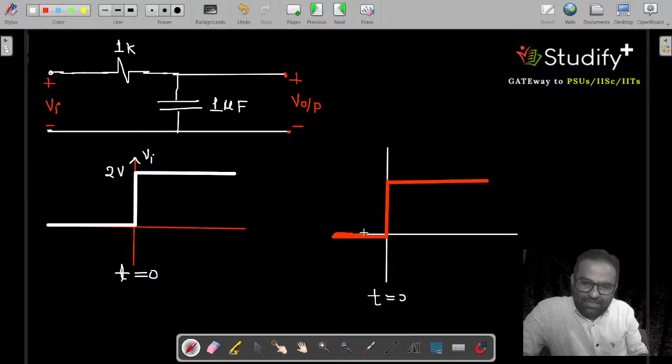But let's understand what is the meaning of transient. We can say that now our output will go like this. This difference is known as transient.